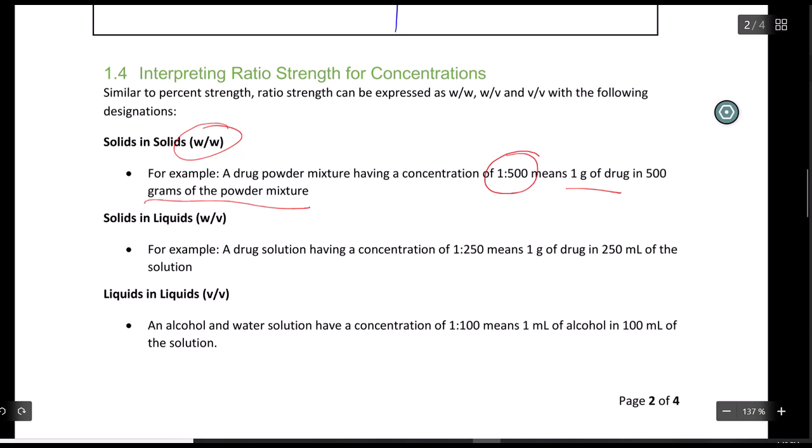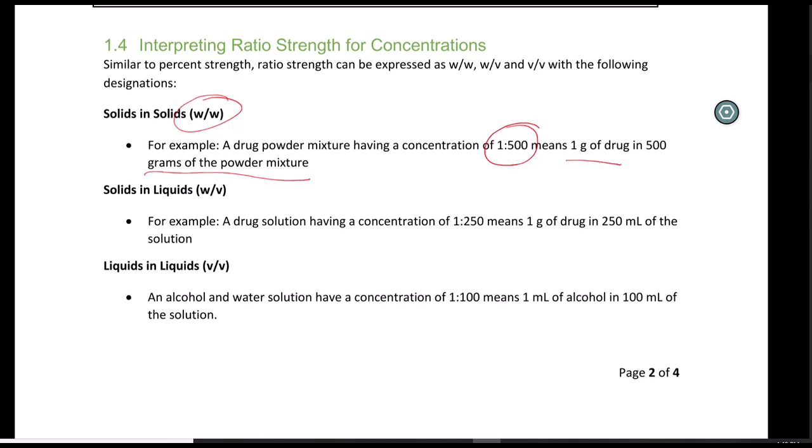We're not saying we use parts, but parts can be the weight and weight, weight and volume, volume and volume, and what unit goes with it. So if you have a 1 to 250, and you're talking about some powder inside of a liquid, that's saying that there's 1 gram, let's say, of the drug in 250 mLs of the total volume, total solution that you have. And the similar thing with the volume and volume. If you had a 1 to 100, it means that there's 1 ml in 100 mLs of the total solution that you develop at the end.